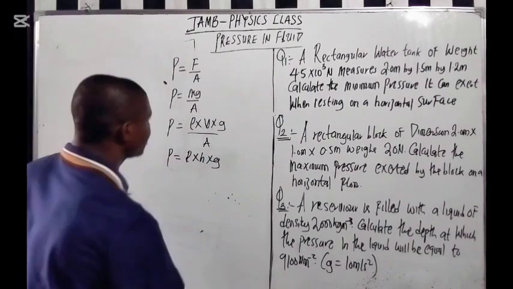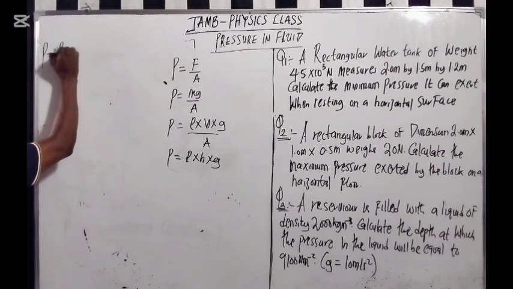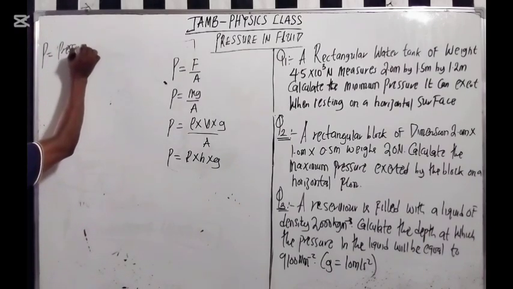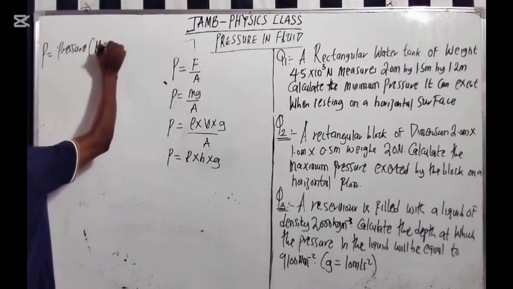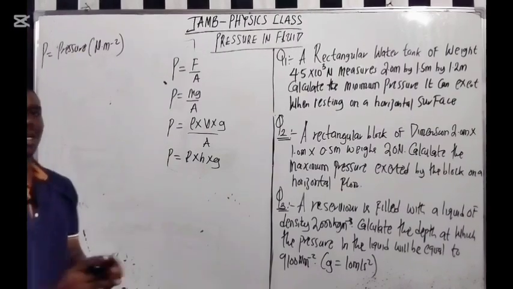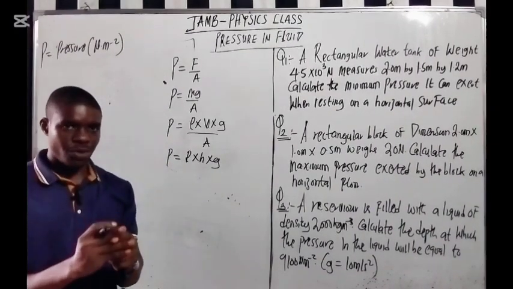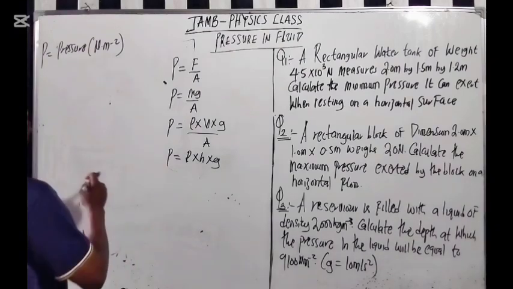Now let's start defining each of them here. Here we have P equal to the pressure. The pressure can be in Newton per meter square, or Pascal, or bar. There are different units of pressure. How do you get Newton per meter square here?